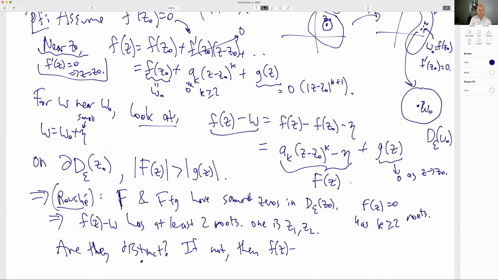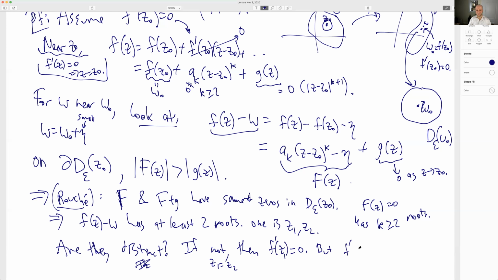Are they distinct? If not, if z1 equals z2, then I claim that we know something about the derivative of f at z1. It's 0. But we said f prime doesn't vanish in a neighborhood of z0. Okay?